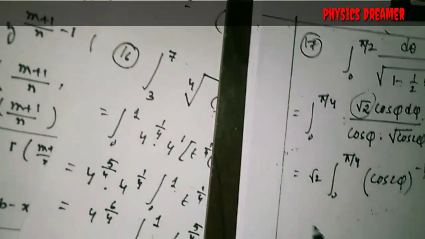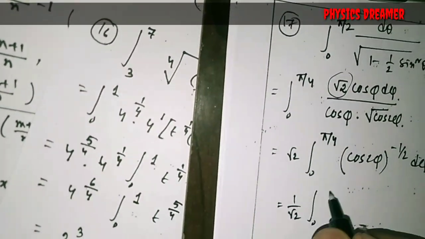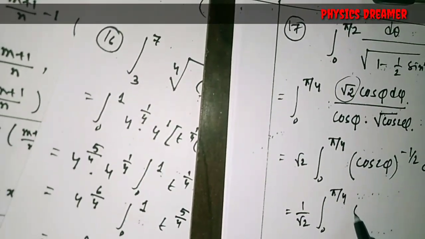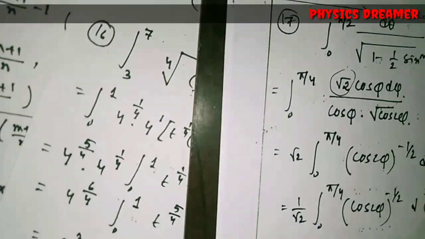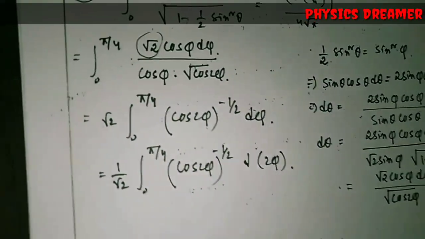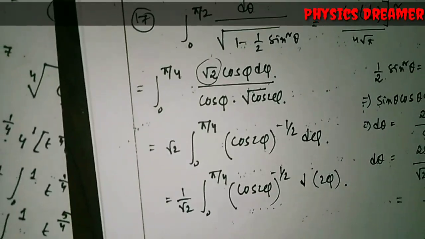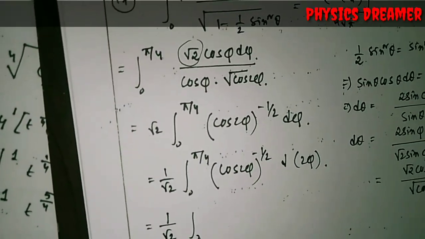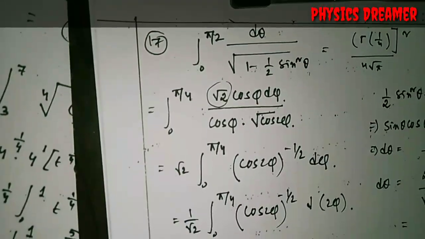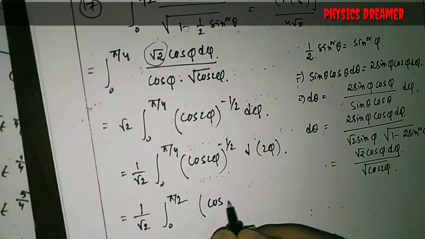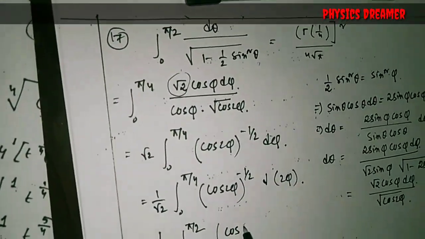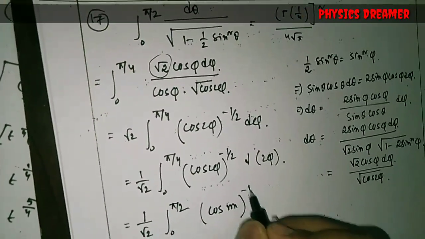Now 1 by root 2 integral 0 to pi by 4 (cos 2 phi) whole to the power minus 1 by 2 d of 2 phi, I can write it. Now 1 by root 2 integral 0 to pi by 2, because I am here considering m equal to 2 phi. So cos 2 phi equals cos m, into minus of 1 by 2 dm.